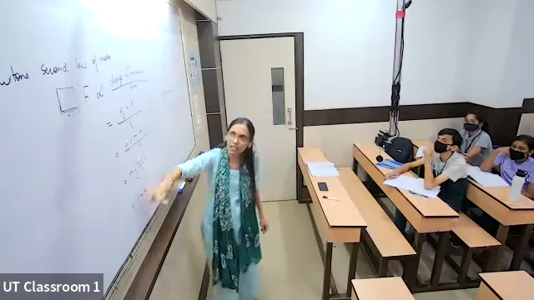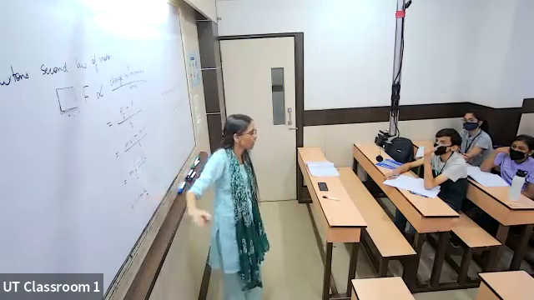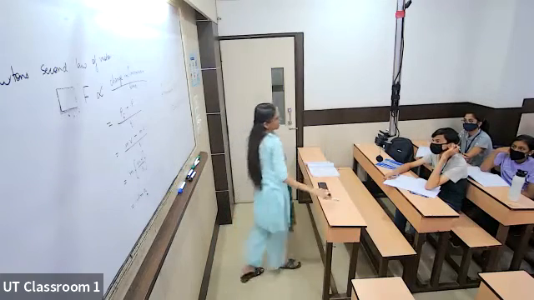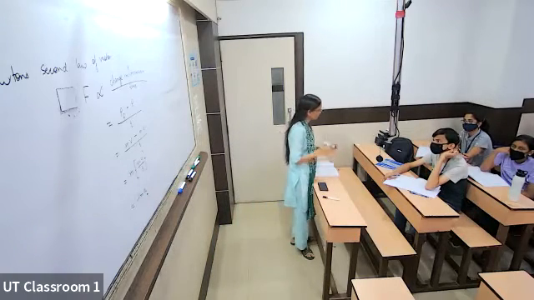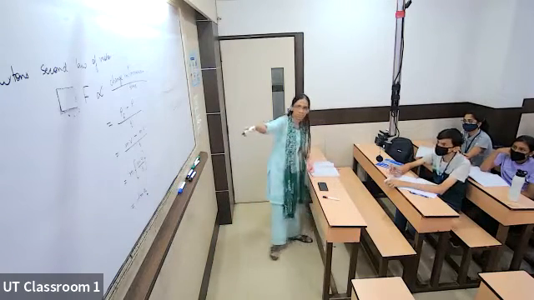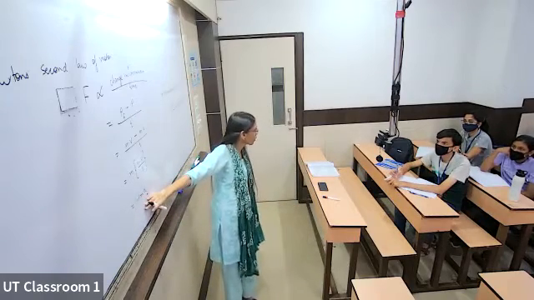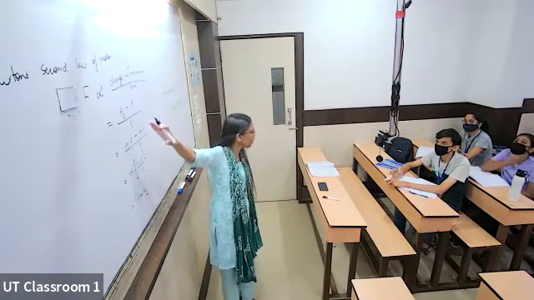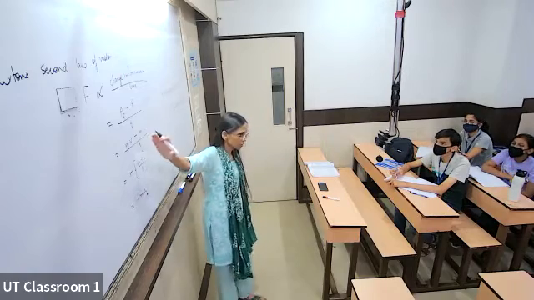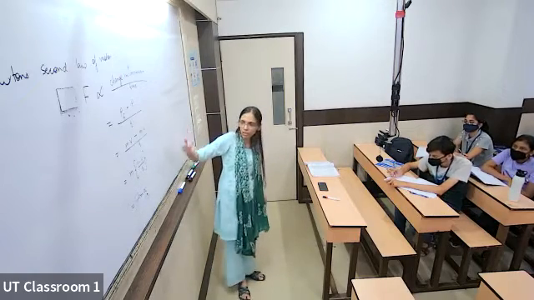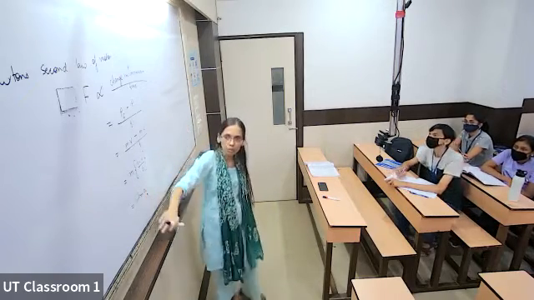We use this relation, force is equal to mass into acceleration, everywhere. Since you have now studied that force is given by mass into acceleration, how did we come to this conclusion? Using the second law, Newton's second law of motion, we come to this very important conclusion.